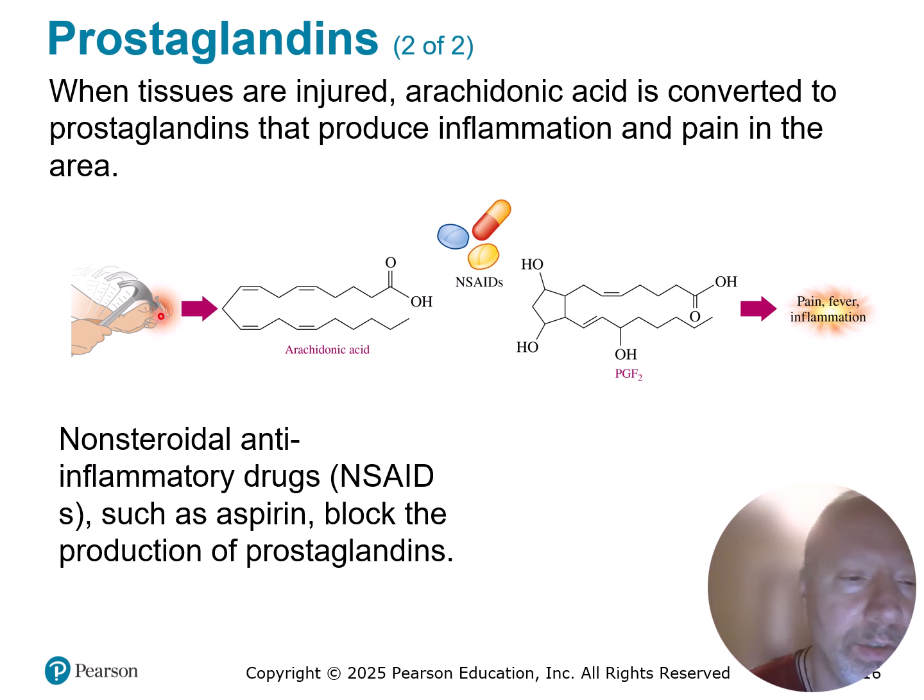Say you stub your finger accidentally pounding a hammer because you're just tired and you missed a nail and hit your thumb. And so now you introduce pain, and this arachidonic acid can be signaled to be turned into a prostaglandin. For example, it could be PGF2, and there are other PGFs, prostaglandins 1, etc.